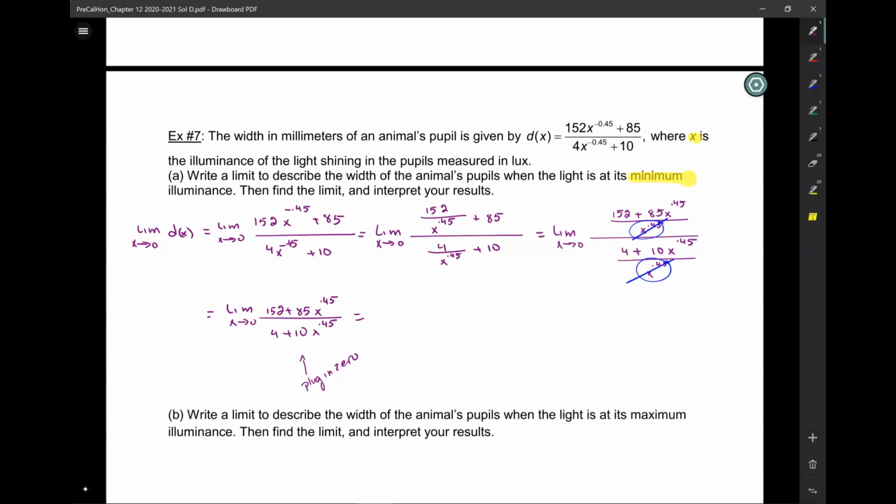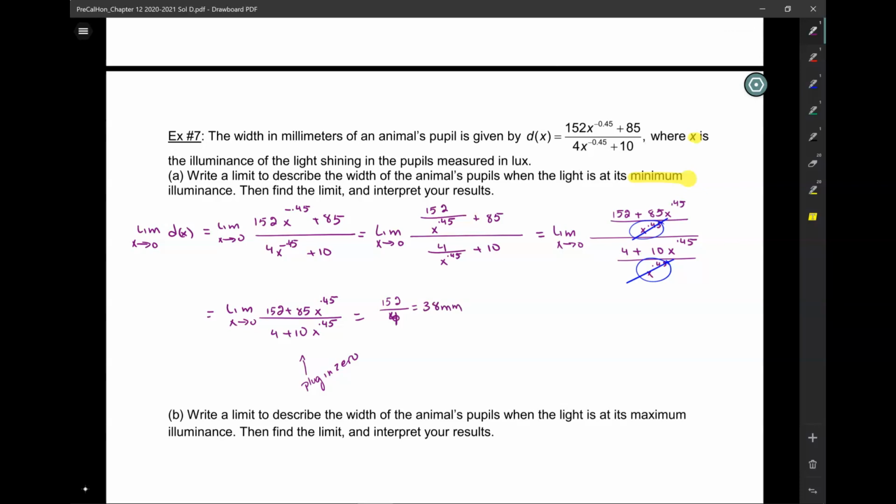But now I don't, because if I plug in a 0 here, it's 152 plus 0 over 4 plus 0. But wouldn't it have been 10 plus 0 in the beginning? No, because if I put 0 here, it would have been 4 over 0, which is undefined. Again, it's to the power of negative, so it's divided by. So it's 152 over 4, which is 38 millimeters.